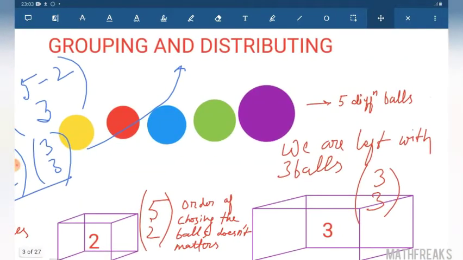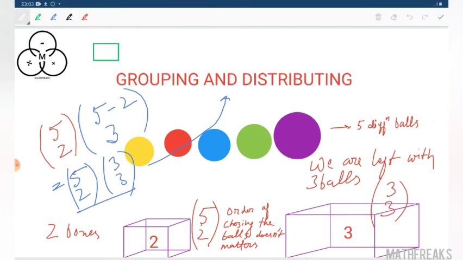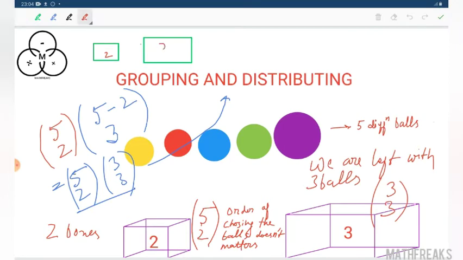If we go back to this example, there was an interesting thing: the first box, whose capacity was 2, and the next box, whose capacity was 3, could be arranged in 2 factorial ways.